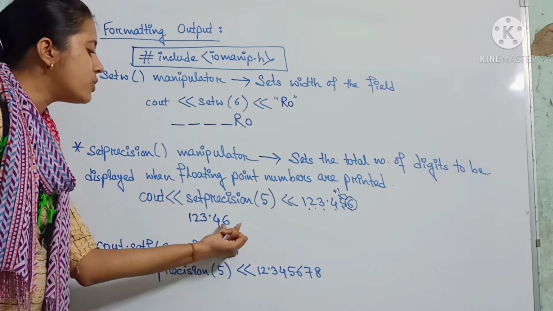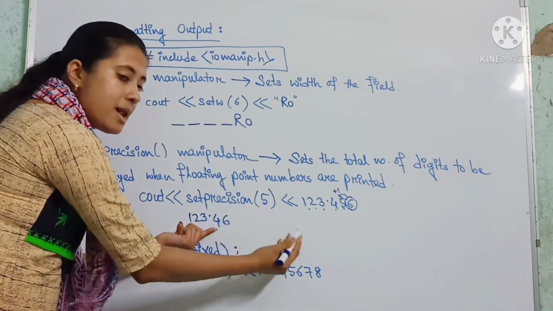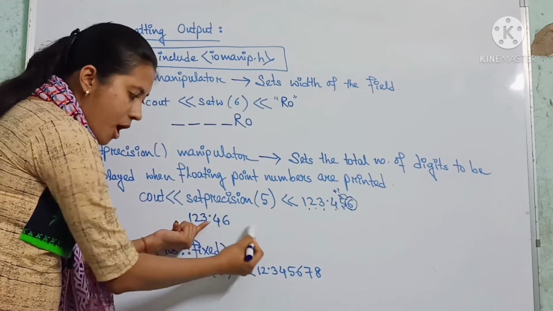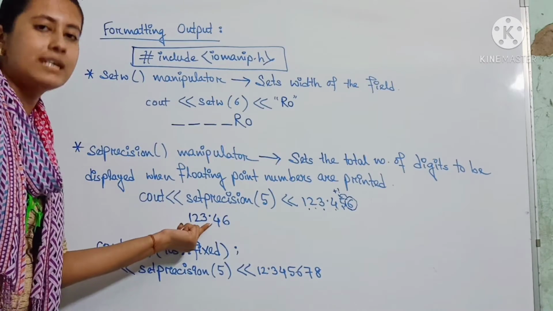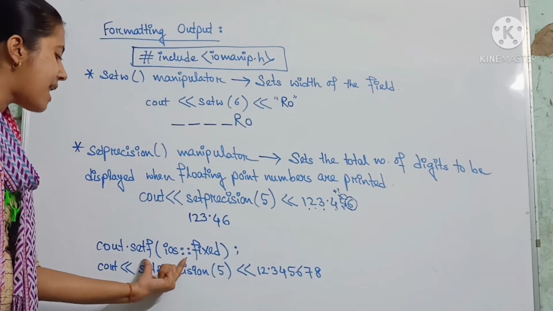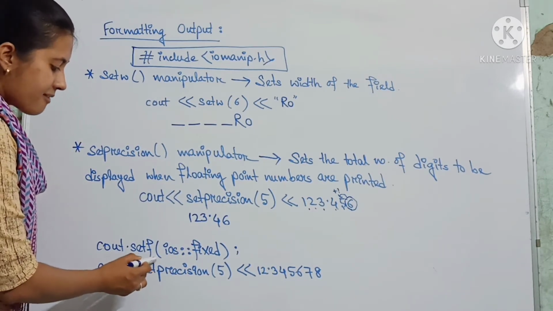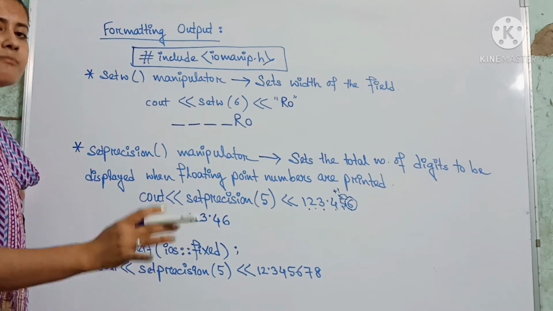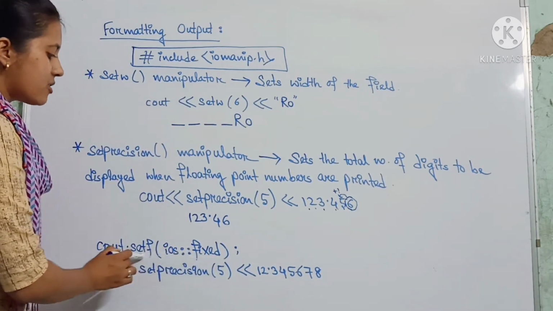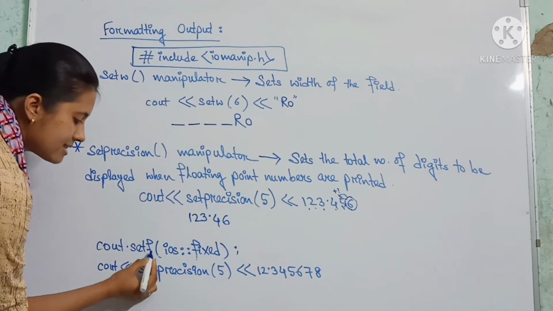Now, if I want to assign this setprecision 5 only to the decimal part, so that after the point there should be 5 digits, then we have to set a flag value: cout setf, where flag is nothing but a temporary variable, ios::fixed. We first have to define this.